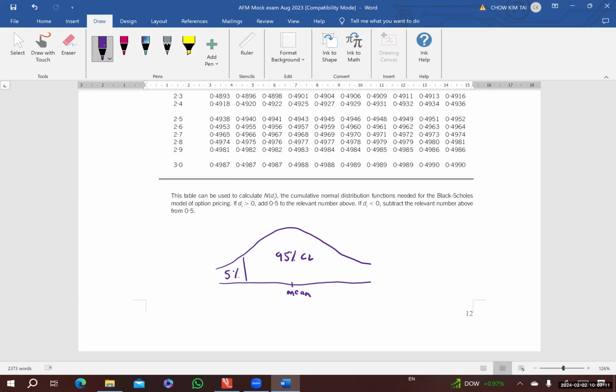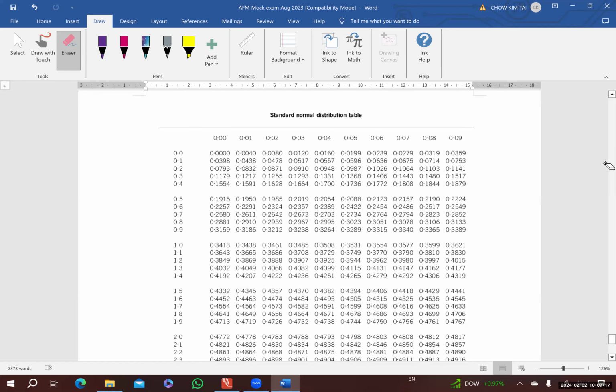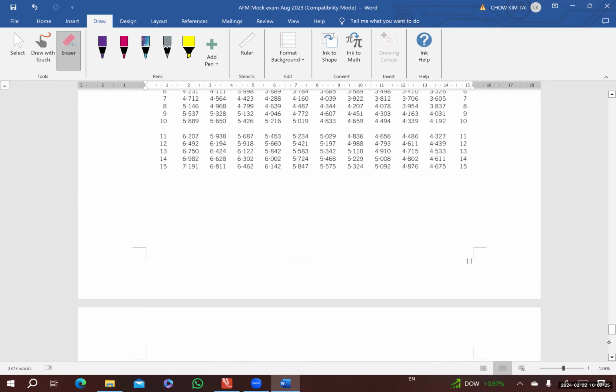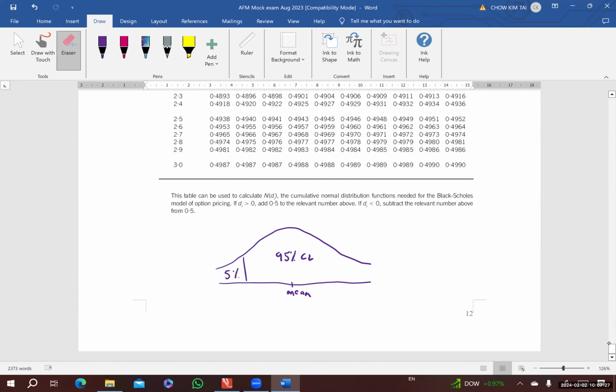This table gives us probability. All the figures inside here are probabilities. The highest figure here is 0.5. Total probability is 1, the whole area equals 1, so 0.5 means half.